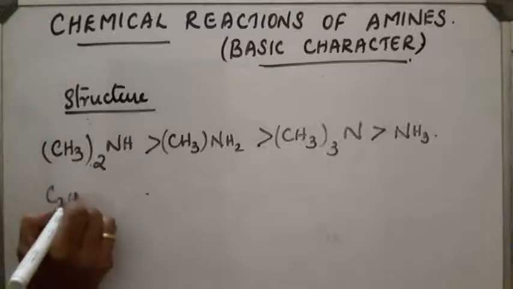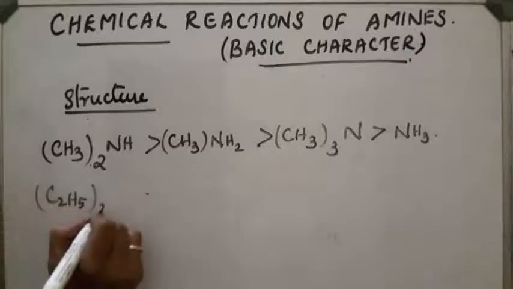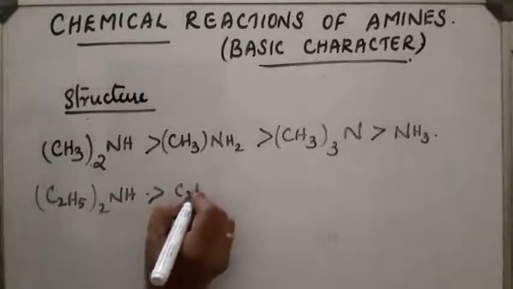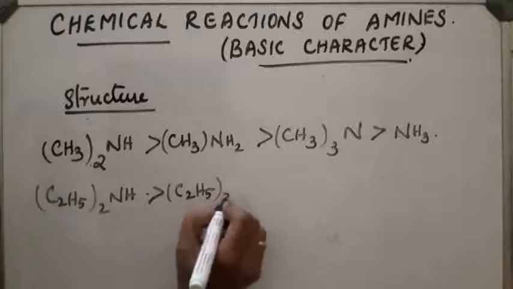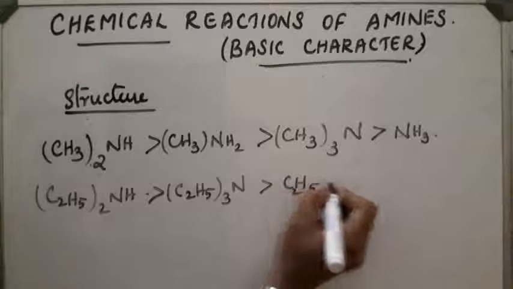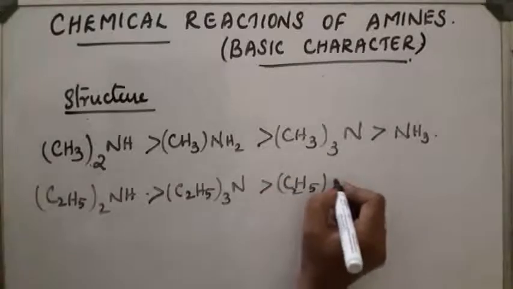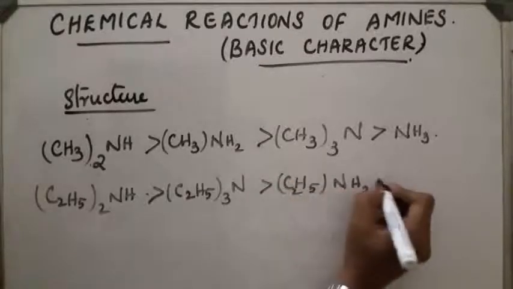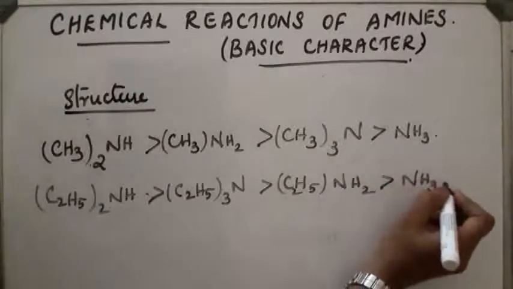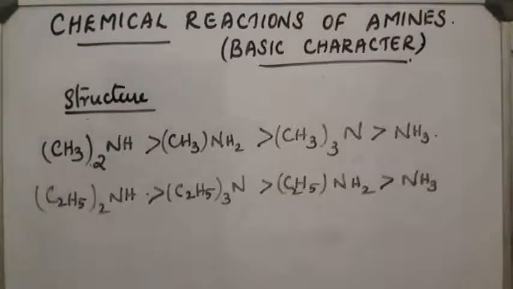Now, in the case of ethylamines, secondary will be more basic than tertiary, then comes primary, then NH3, greater than ammonia. When we consider all the different factors, this will be the order of basicity of different amines.